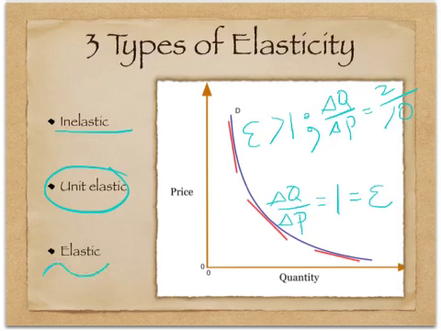When something is elastic, which is probably the case in a lot of goods in the world that we'll be dealing with, the elastic portion of this curve has a relatively flat-looking line, and slope is a good intuitive measure of elasticity as a guide to understanding it, but it is not actually considered to be an accurate measure. At any rate, in the case of something that is elastic, the measure of elasticity is always going to be greater than 1.